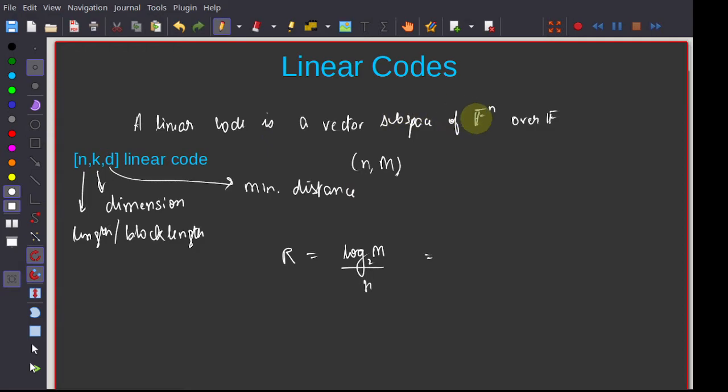A linear code is a vector subspace over F, and k is the dimension of the linear code. So how many possible code words can there be for a general field? Size of F to the power k.